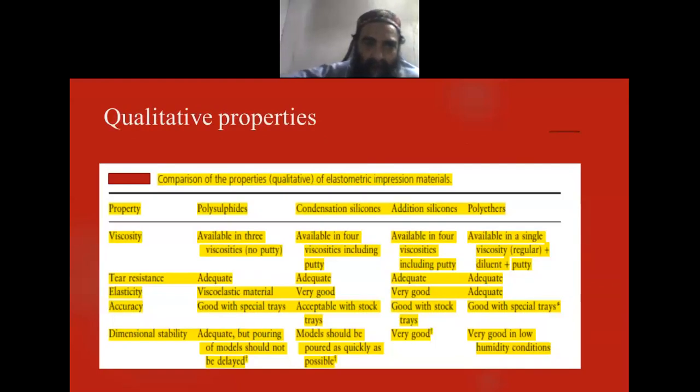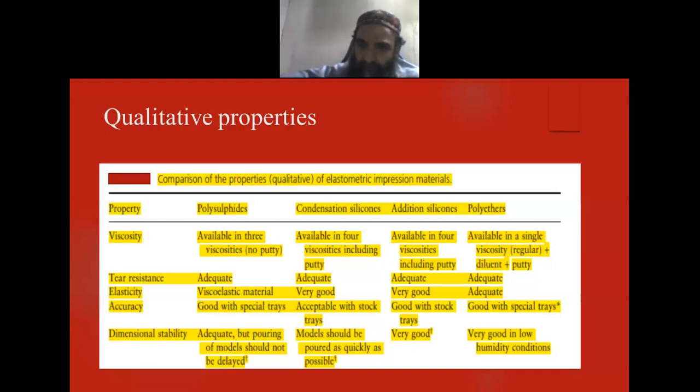Now, qualitative properties. Comparison of properties of all the materials. Property of viscosity: for polysulfides, it is available in 3 viscosities, no putty. Condensation silicones are available in 4 viscosities, including putty.